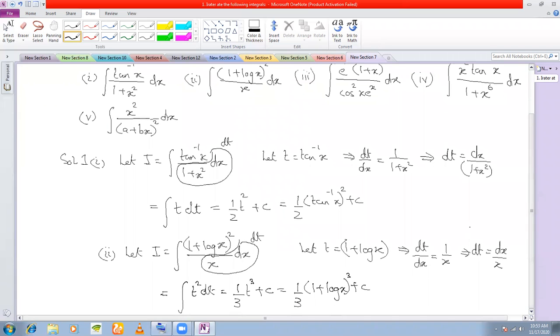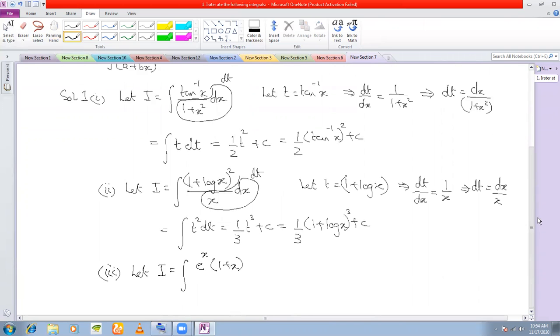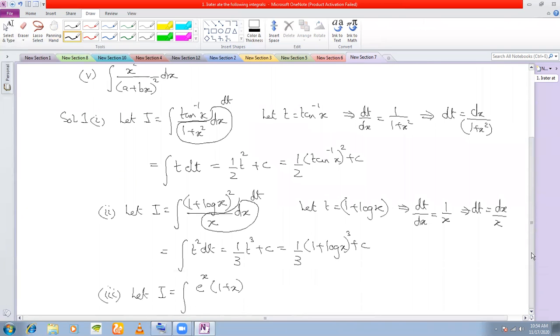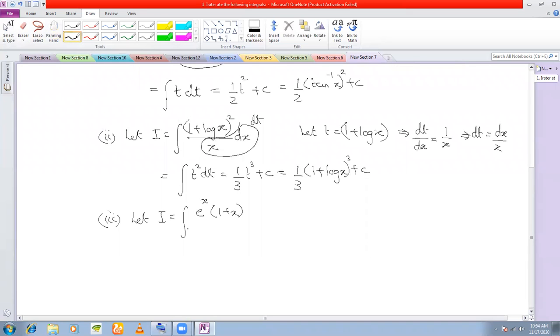The third one is integration of e to the power of x into 1 plus x divided by cos square of x e to the power of x dx.